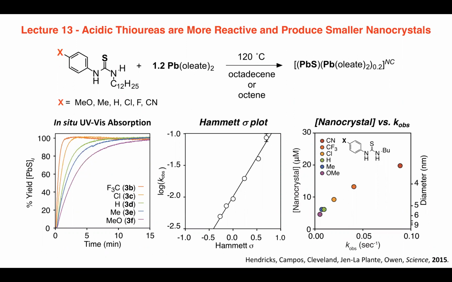That's what you're observing here. And so the kinetics of each one of these curves, where you have a different substituent on this phenyl group here, these are the lead sulfide yield kinetics, the total amount of lead sulfide being produced in the solution, and the differences between those are entirely dictated by the breakdown of this compound.